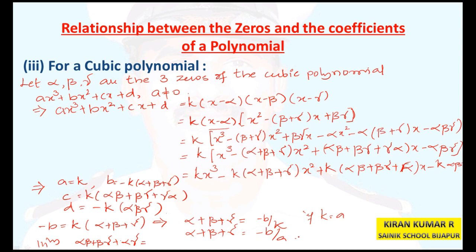Since I have taken k as a, it becomes c by a, and alpha beta gamma is minus d by k, so it becomes minus d by a.